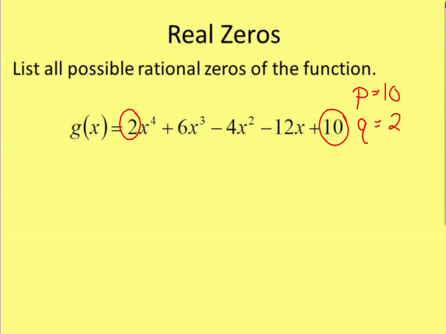Now we need to find the possible factors, and we're going to do p over q. So we're going to do the factors of p over the factors of q.